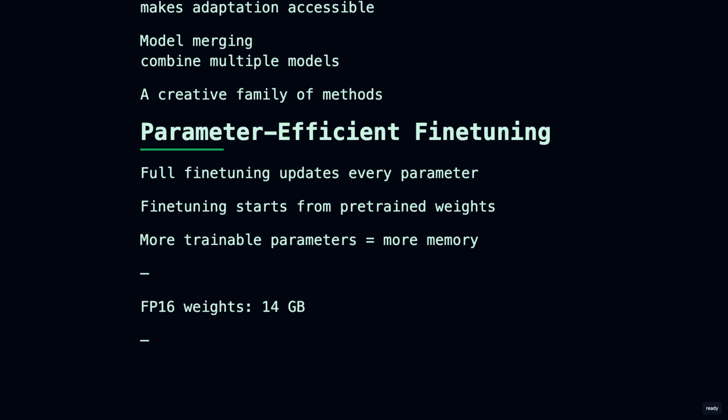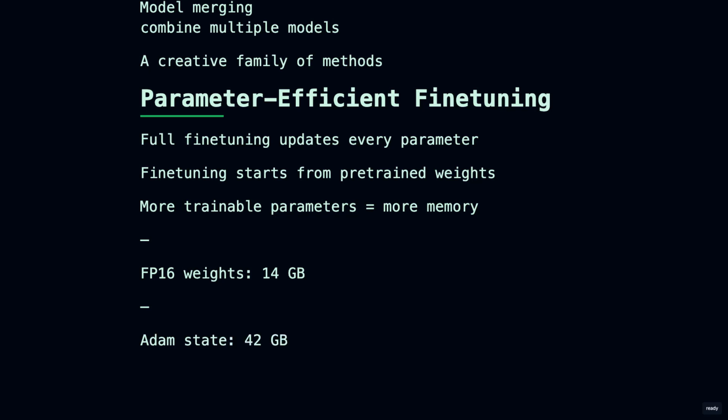Training also needs gradients and optimizer state, which can easily dominate the memory footprint. With Adam, the optimizer adds a lot more memory because it stores extra moments for every parameter. For a 7B model in 16-bit precision, that adds about 42 gigabytes.